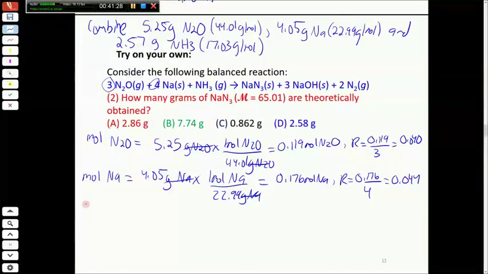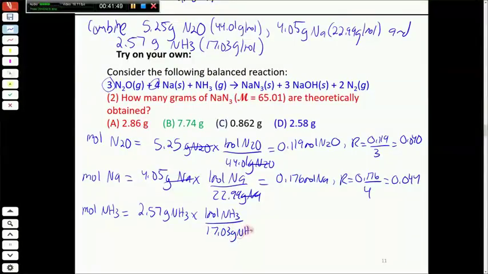And then the last one that we have is NH3. We have 2.57 grams of NH3. Molar mass of NH3 is 17. So same set of calculations, just 3 times for the 3 different reactants.